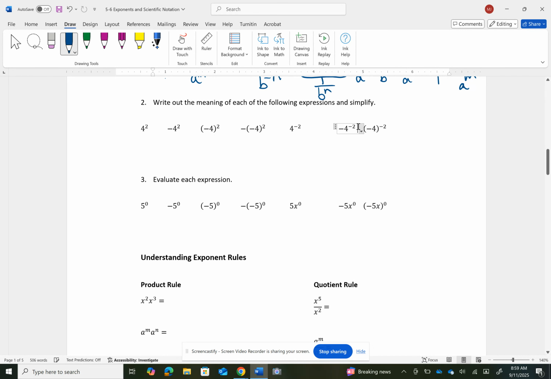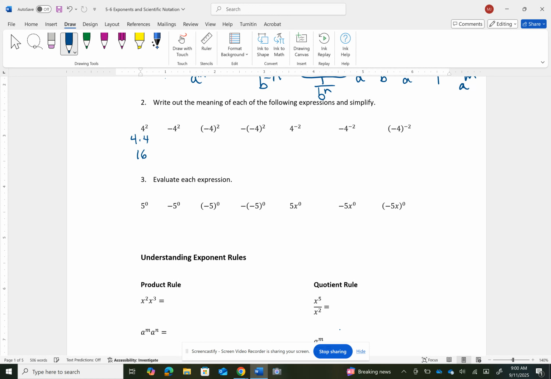Okay, so let me move this guy over a little bit. Just a little space there, a little space here. Okay, all right. So on question number 2, you should think about these first, and then you can just check them. Okay. So 4 squared, that's just 4 times 4, so we know that's 16.